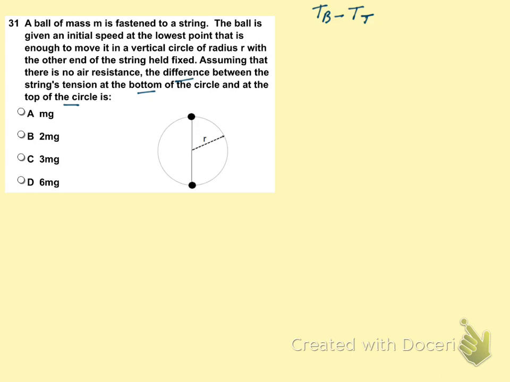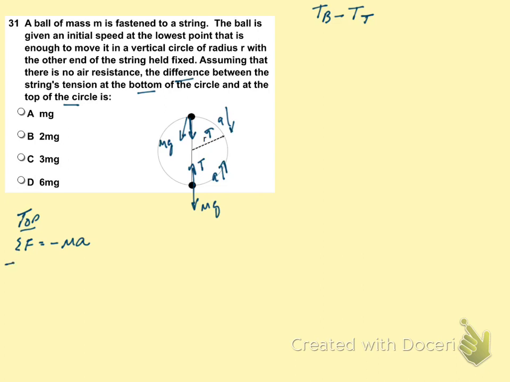Free body diagram. At the bottom, mg down, tension up, acceleration up. At the top, we have mg down, tension down, and acceleration pointing down. So if we look at the top first and sum up the forces, it would be mass times acceleration, and since the acceleration is pointing down, it would be negative ma.